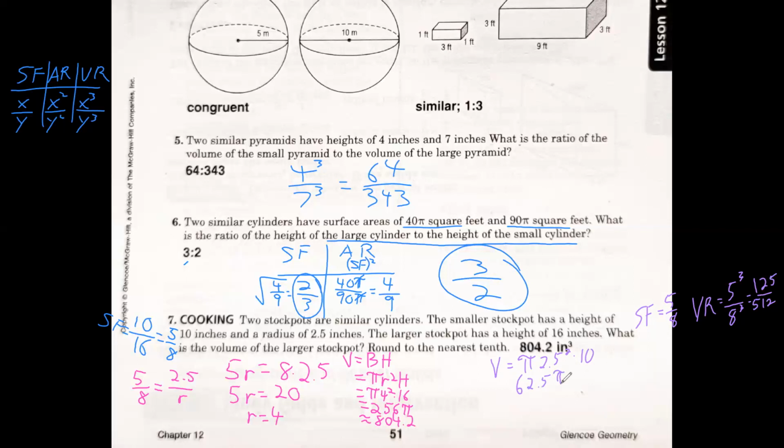Then we have to multiply that out. 62.5 times 5. So we have our volume of the small one.